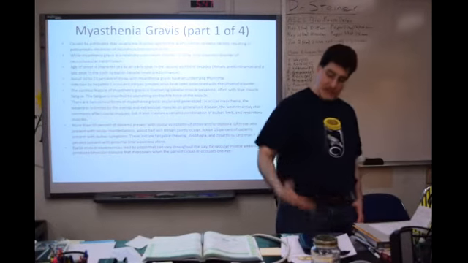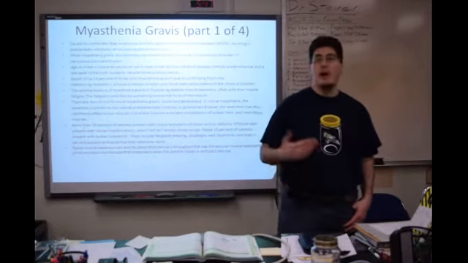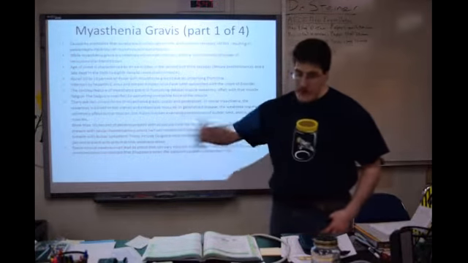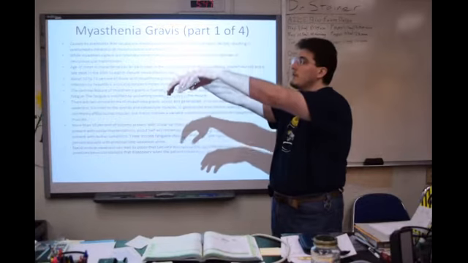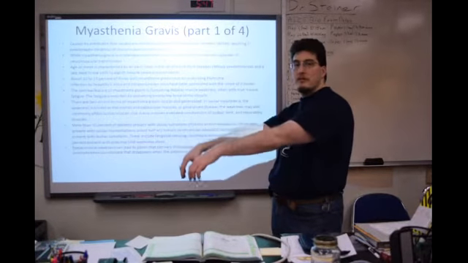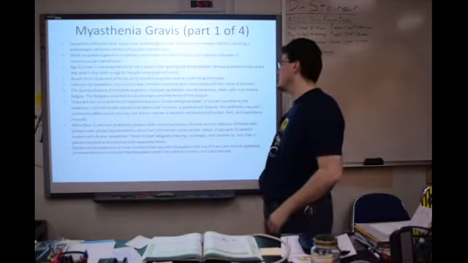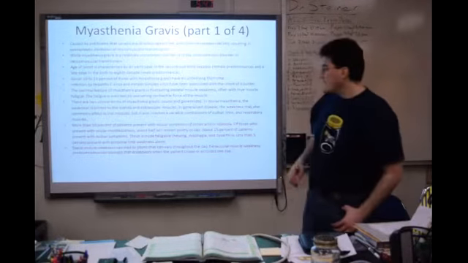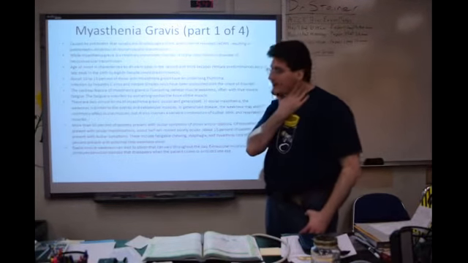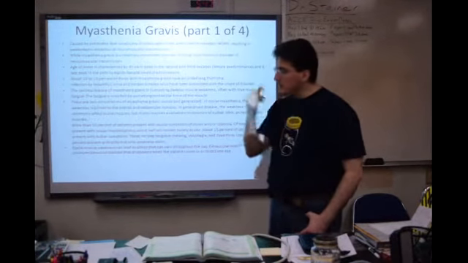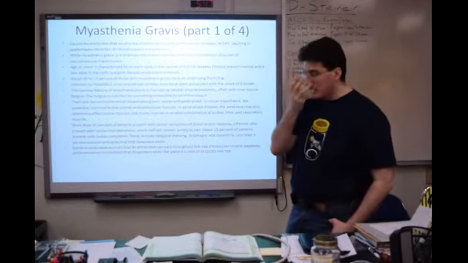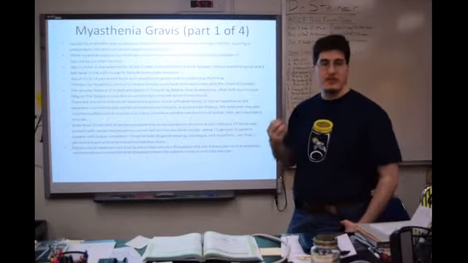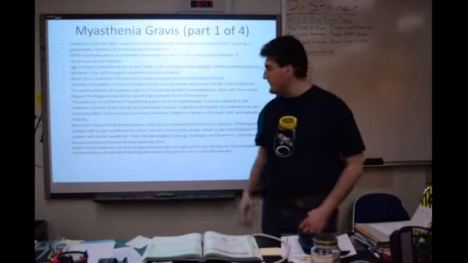In the generalized disease, you'll also have the same symptoms as the ocular disease, but it can affect every other limb as well. So if you try and lift your arms, they'll gradually fall down. So ptosis and diplopia. Ptosis is the eyelids drooping, and diplopia is the double vision that results from weakened ocular muscles.